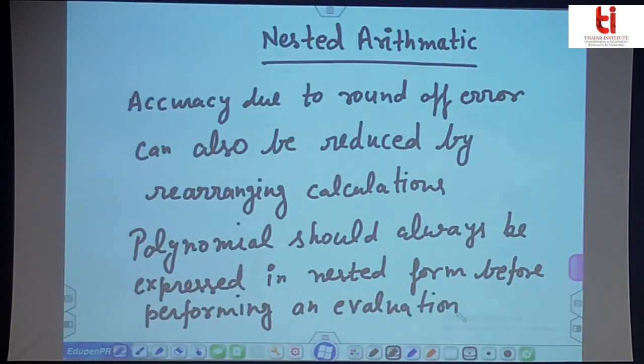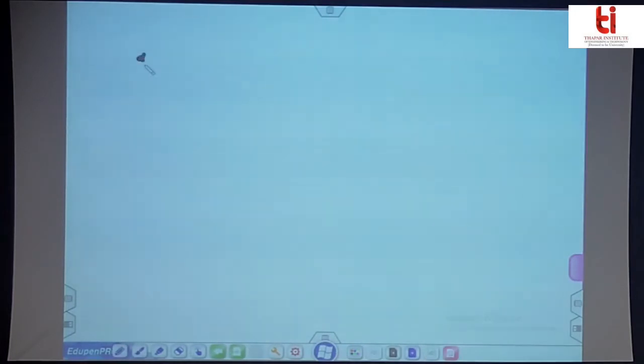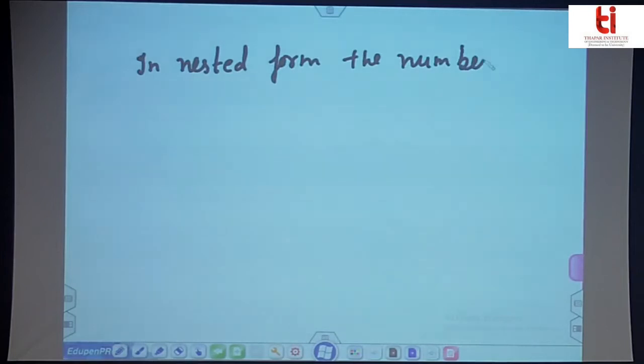That means polynomials should always be expressed in nested form so that we can get much better results. In nested form, the number of arithmetic operations can be reduced.